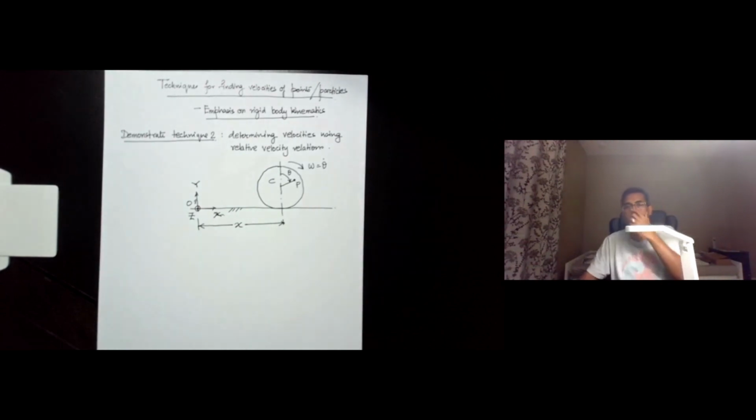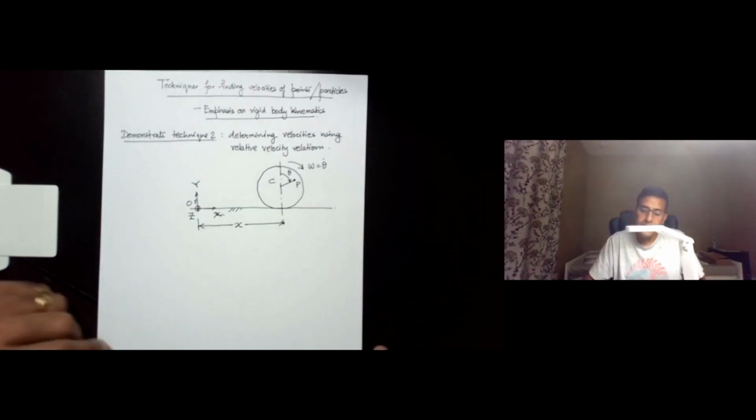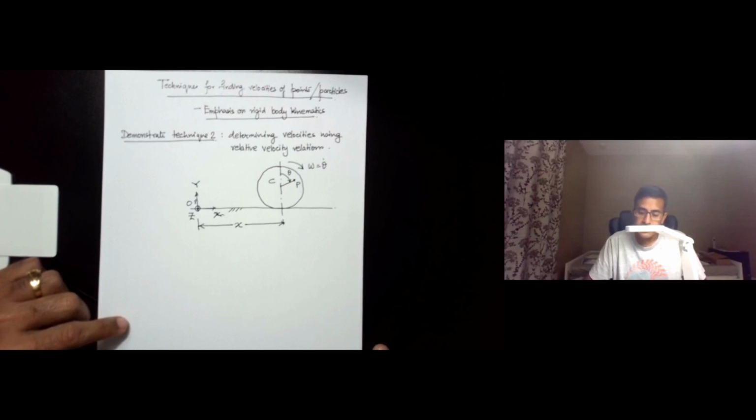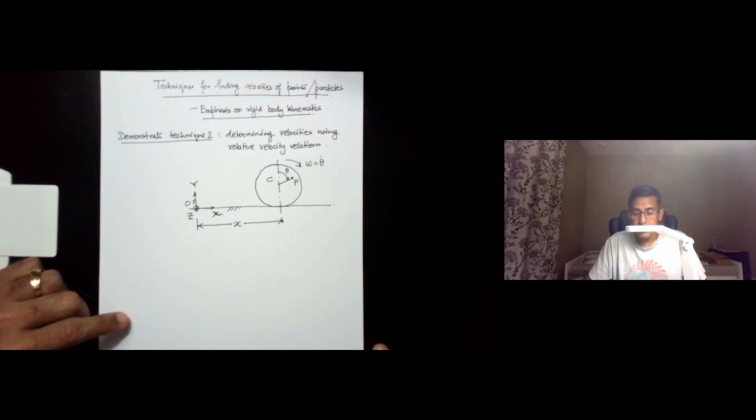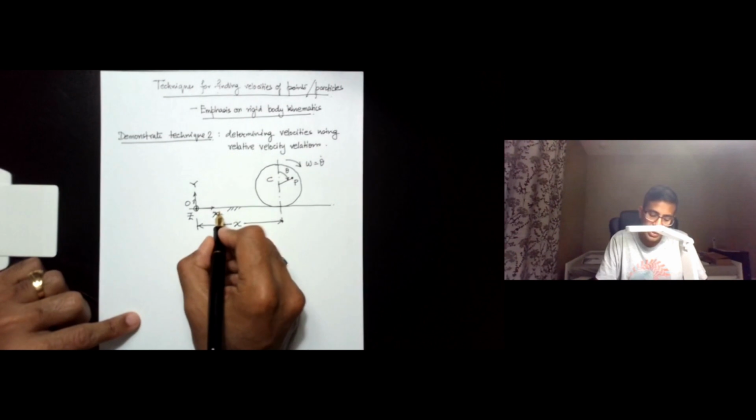So just to keep in mind, we are not really specifying whether the cylinder is rolling without slipping, so we are not necessarily specifying that. We can impose that condition later, and we will make some observations in regards to that proceeding forward.